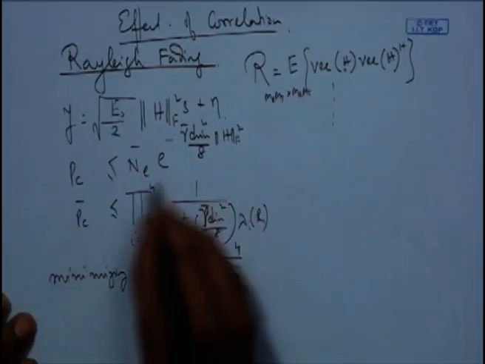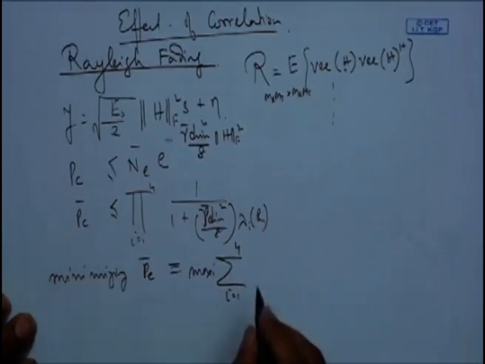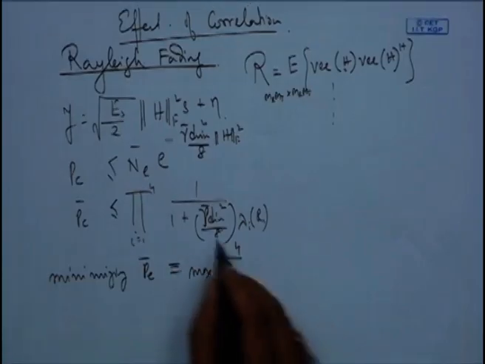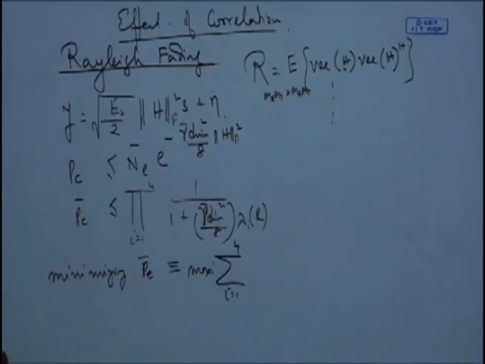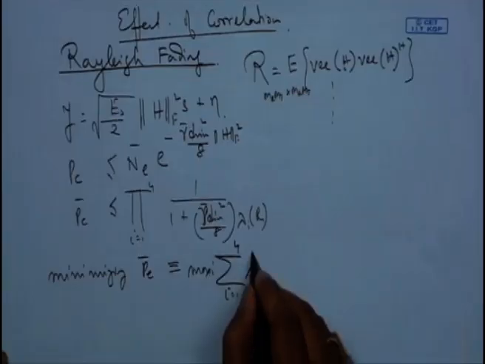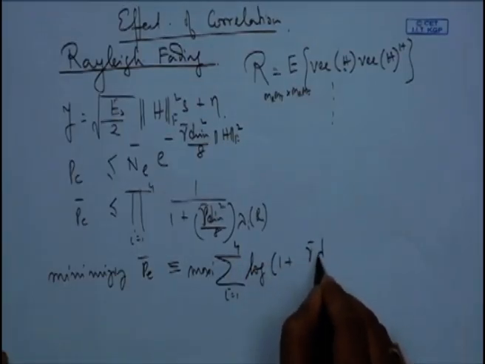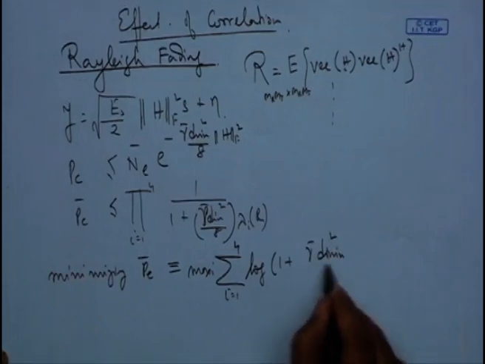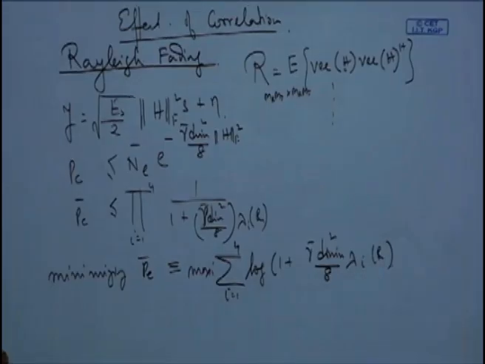I take the log of this instead of operating on it directly, because the product becomes a sum. Because this is in the denominator, we would like to maximize the denominator, that will minimize this. So I take the log of it, and we have log of 1 plus gamma bar d min squared upon 8 lambda i of R.